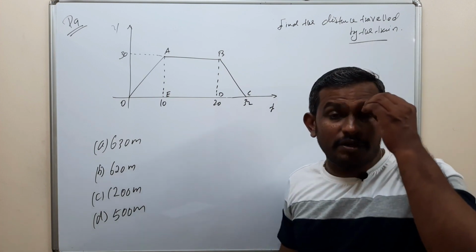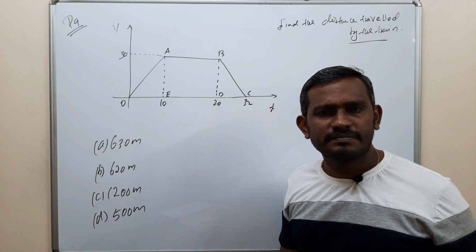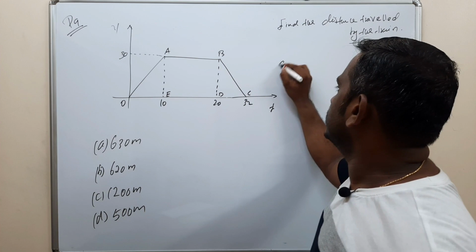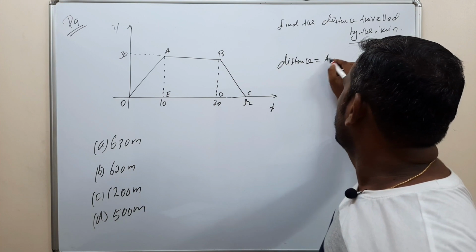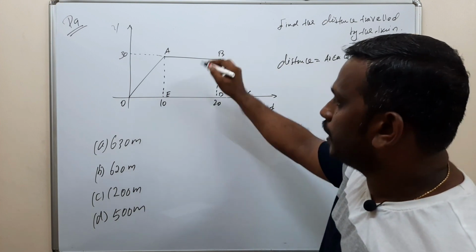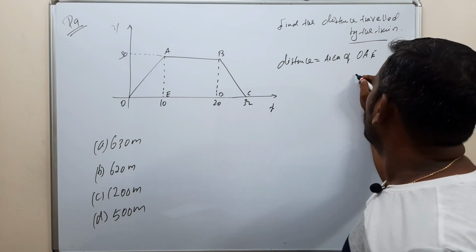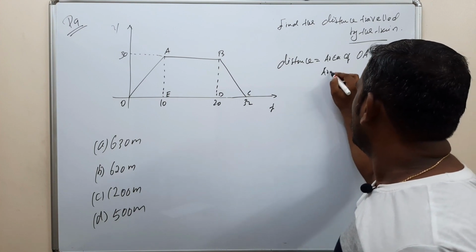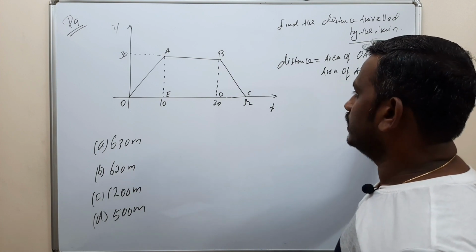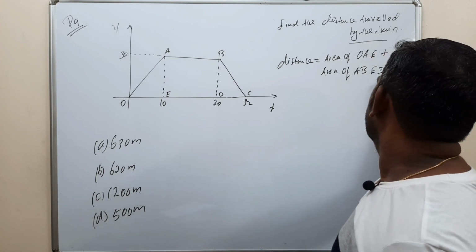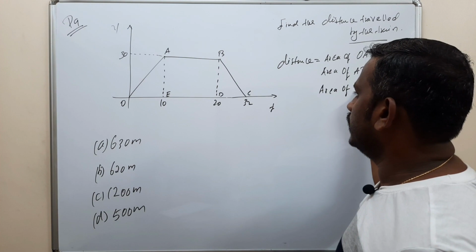So we have to find the total distance traveled by the train. Since it's a velocity time graph, the area under the velocity time graph gives the distance. So distance is equal to the area of triangle OAE, plus the area of the rectangle ABED, plus the area of the triangle BCD.